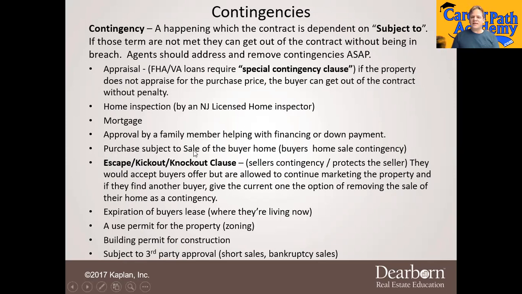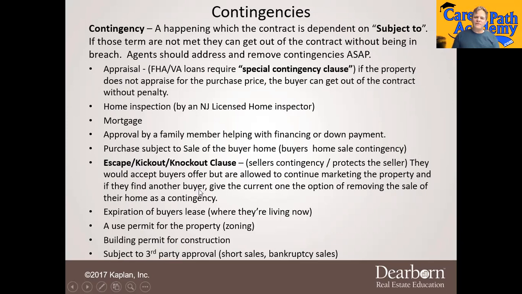If you're going to accept an offer from a buyer whose purchase is contingent on the sale of their current home, an experienced agent would add an escape clause to the contract, or would insist on the buyer adding an escape clause to the contract. An escape clause is also known as a kickout or knockout clause. This is a contract where they would accept the buyer's offer, but are allowed to continue marketing the property.